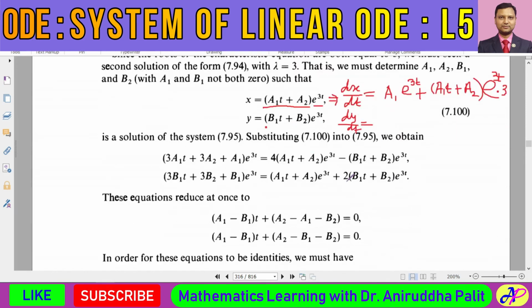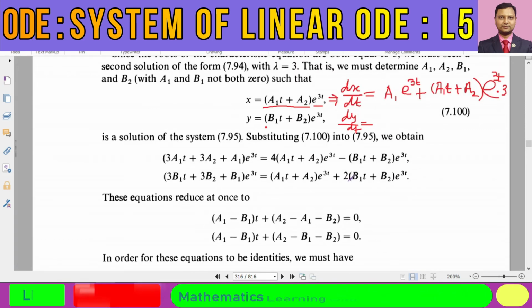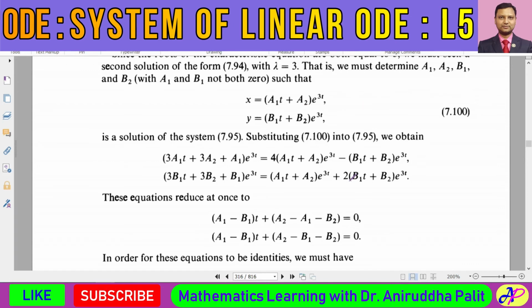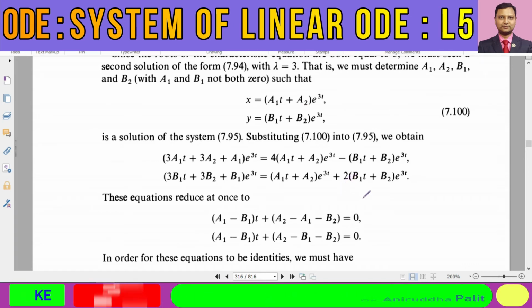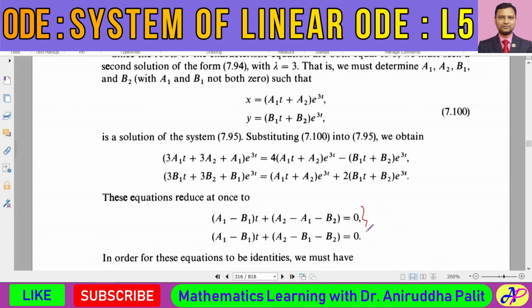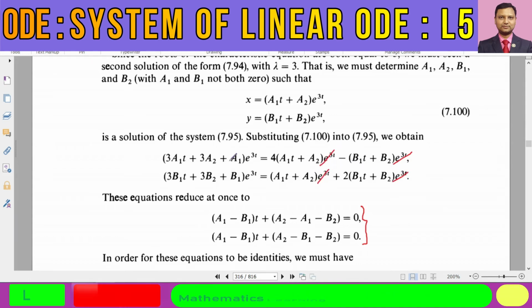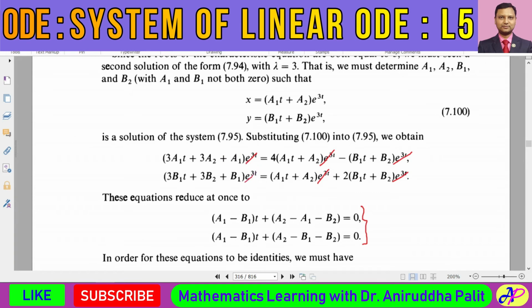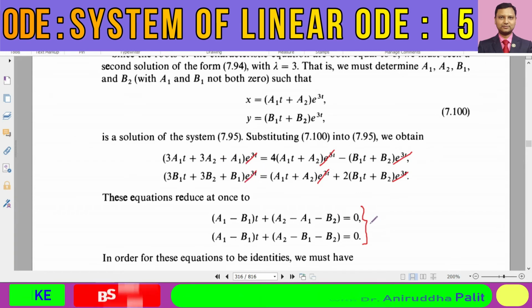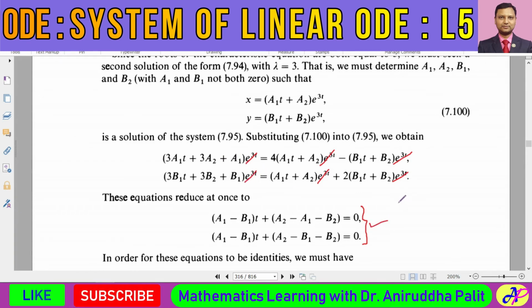After simplification, which means we cancel out e to the power of 3t from both sides, we will get this type of relation.